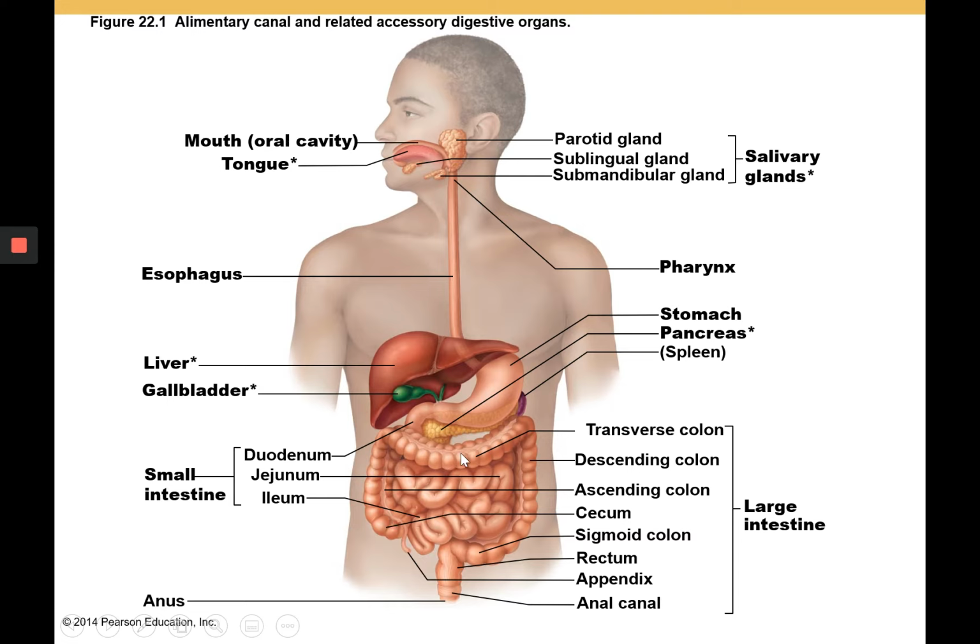Then we have the transverse colon, descending colon, sigmoid colon, rectum, and the anal canal. Not mentioned, but located connected to the cecum, is the appendix, also called the vermiform appendix. The end of the anal canal is the anus.